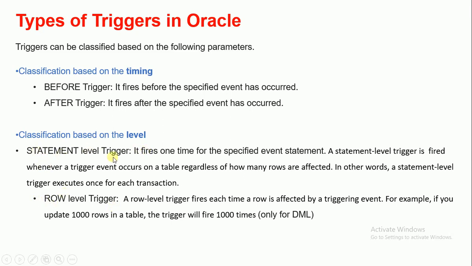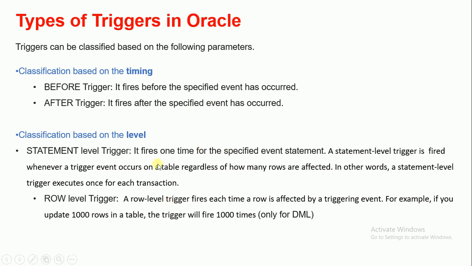Statement level trigger means that once the trigger is executed, all the records in the table are affected at once. And row level trigger means a particular row in the table is affected. That means if you want to execute the trigger for 100 rows, then the trigger will be executed 100 times.